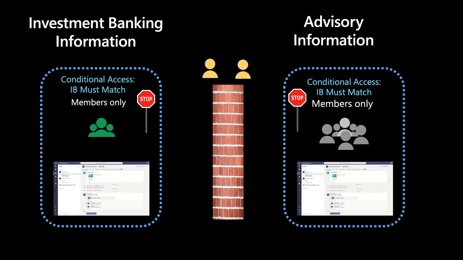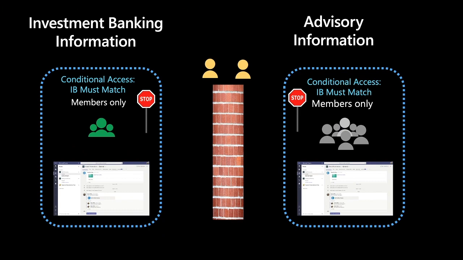It means investment bankers should not be able to share or collaborate or communicate with the advisors. Similarly, advisors should not be able to communicate and collaborate with the investment bankers. Highly regulated industries such as financial, energy, and government agencies really need this kind of compliance control.